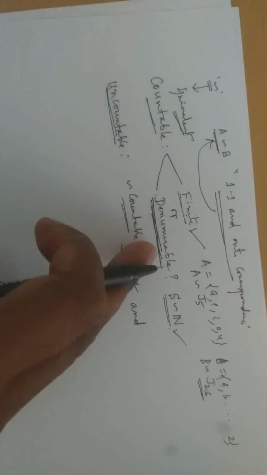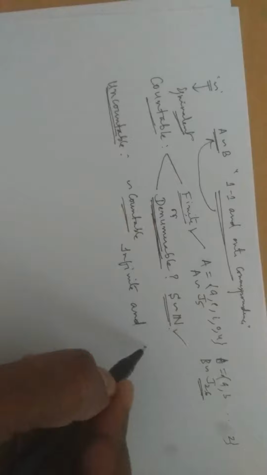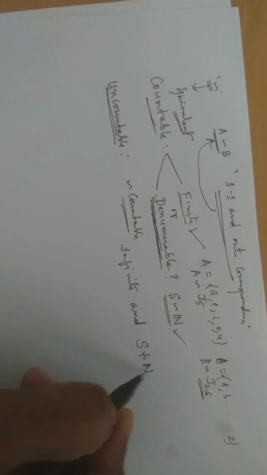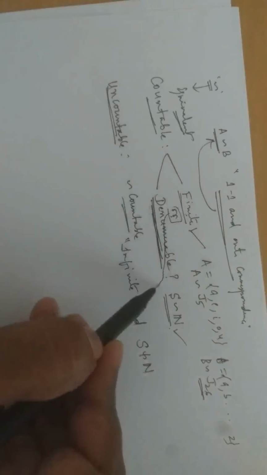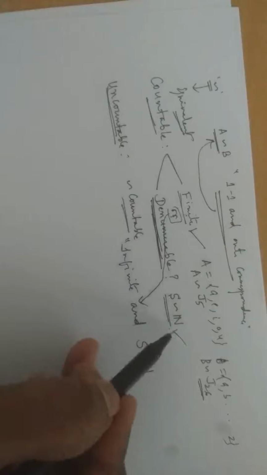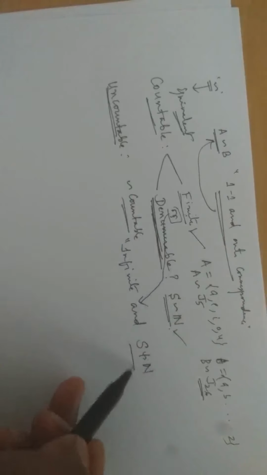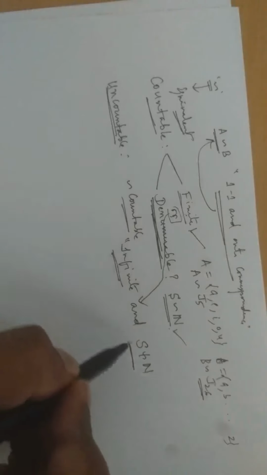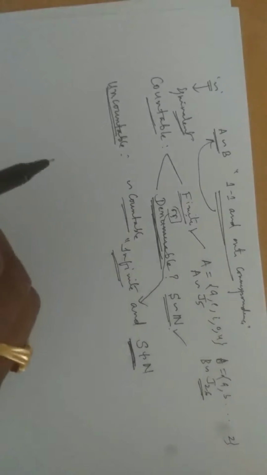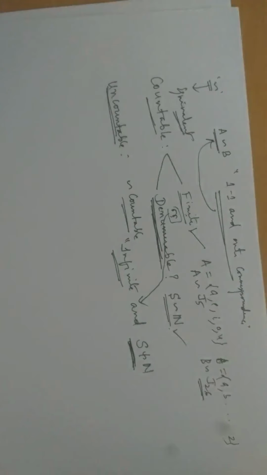Infinite and. Denumerable means S is equivalent to N, so S is not equivalent to N. If the set is infinite, so I negated this. Or was there, instead of or I took and. S is equivalent to N, I took S is not equivalent to N. Is it clear? If the set is infinite as well as it is not equivalent to N, then we say that it is uncountable.